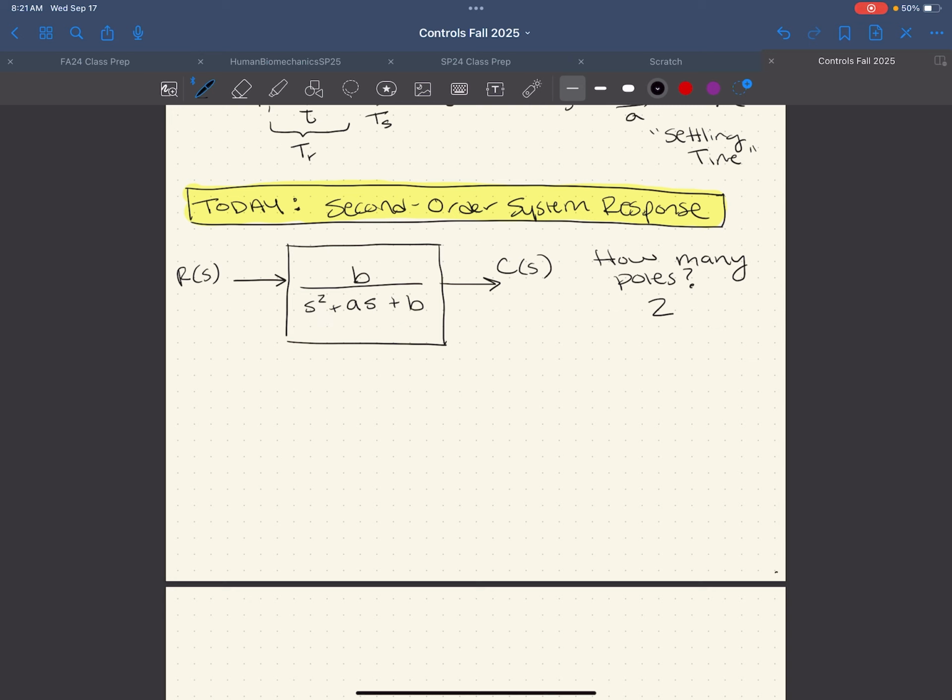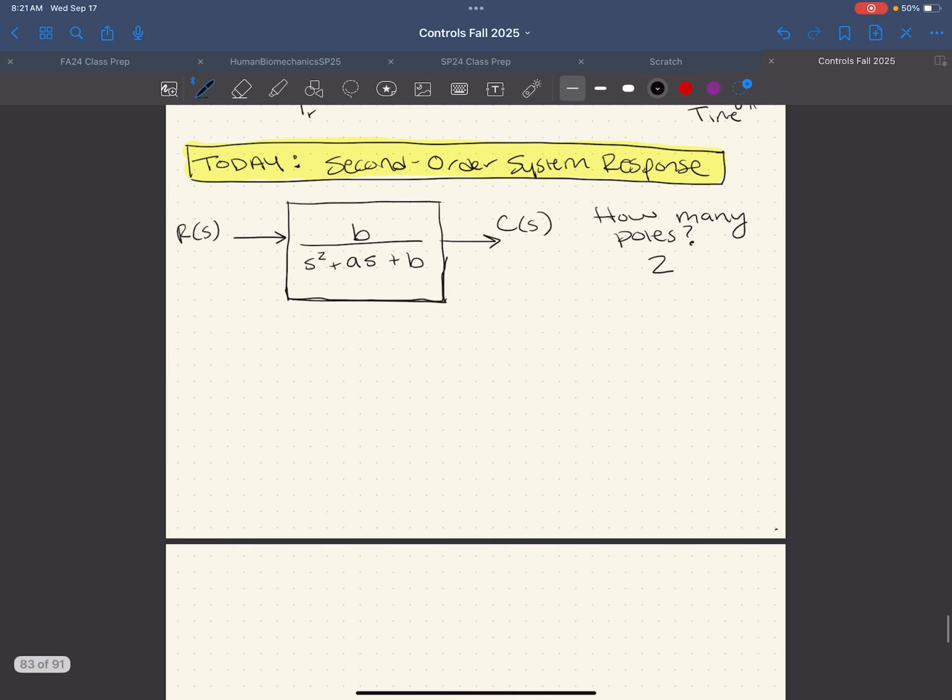Now, this is one way to write the general form of this second order system, but we're actually going to look at a slightly different way of writing the general form. They are completely equivalent, and we need to be comfortable with seeing them both ways. So I'll hop right in.